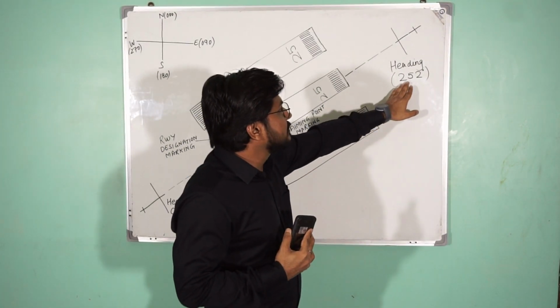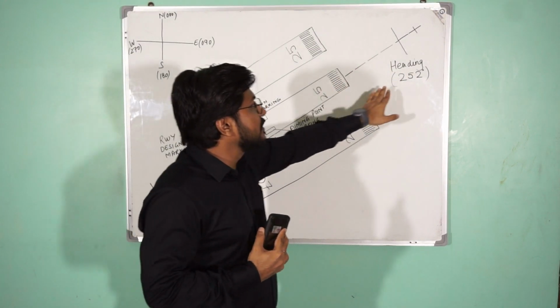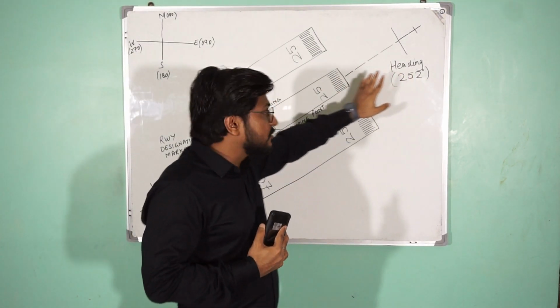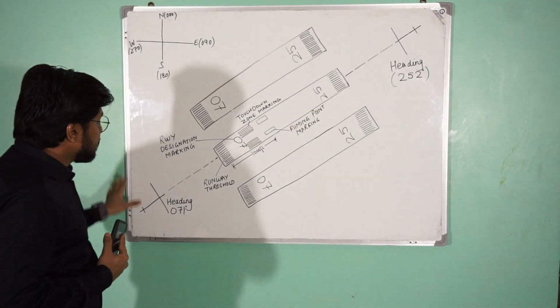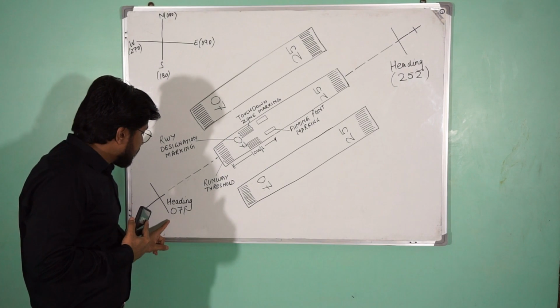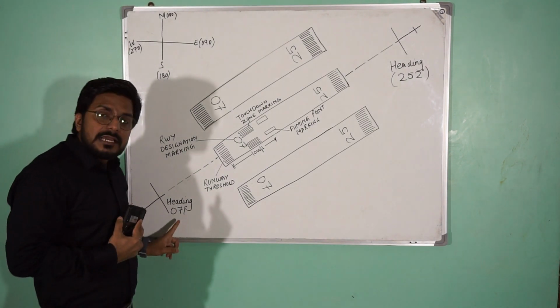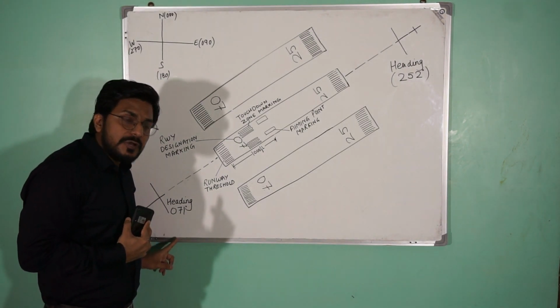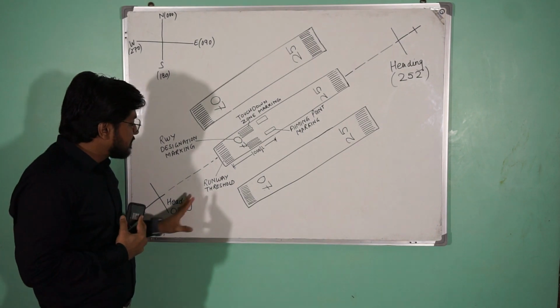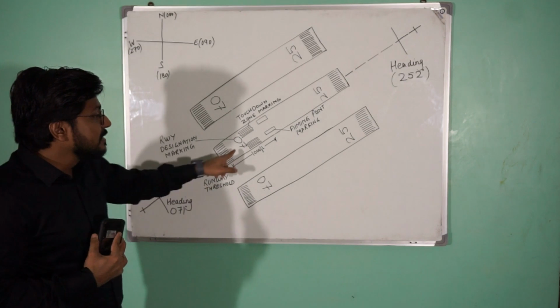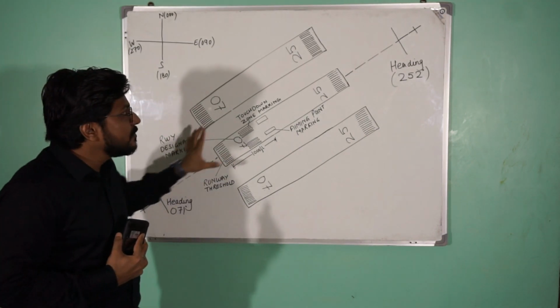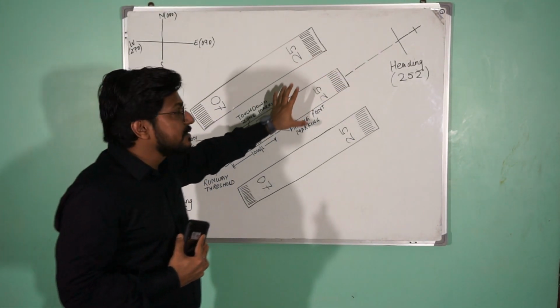So 252 is the heading of the aircraft, and 1/10 of 252 is 25, so the runway is 25. On the other side, the aircraft is maintaining a heading of 071, and 1/10 of 071 gives 07. This is how your runway designators are given.